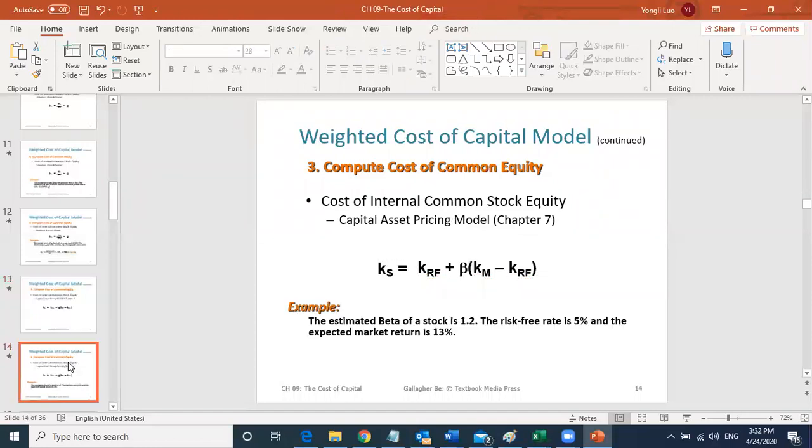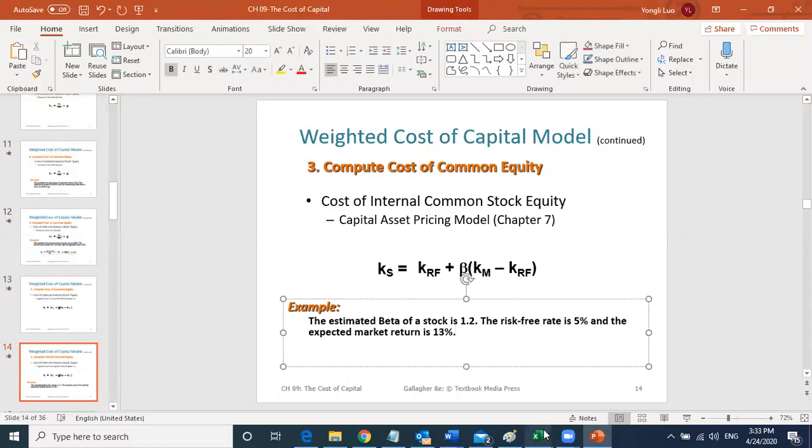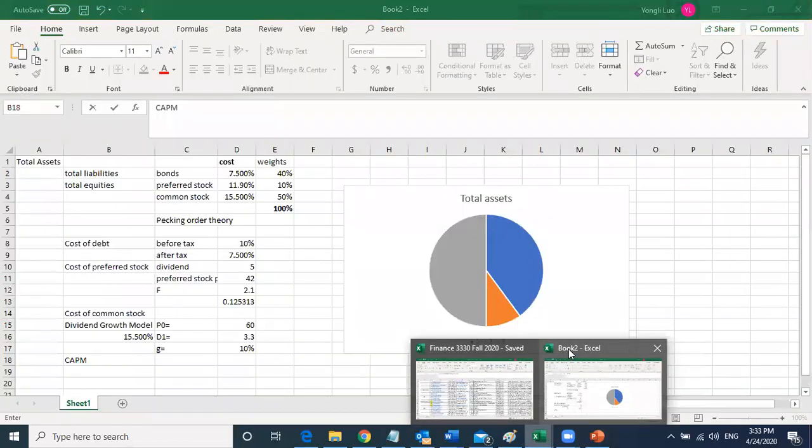Let's see an example: the estimated beta of a stock is 1.2, right? The risk-free rate, RF, is 5%, and the expected market return is 13%. Now we have the information here.